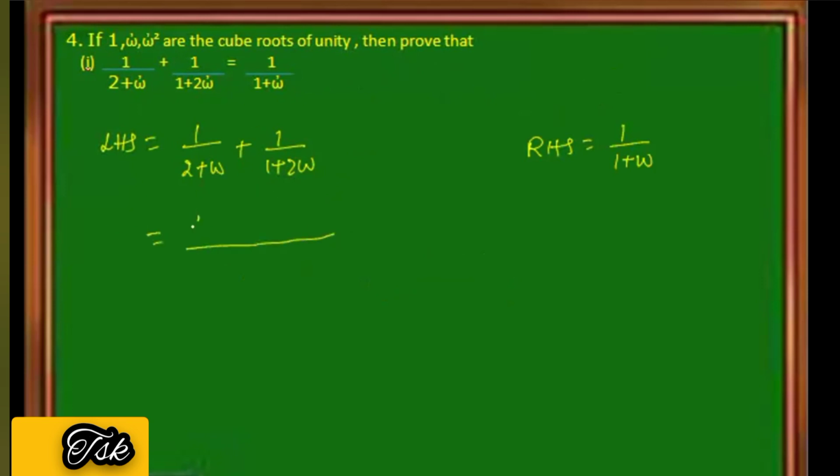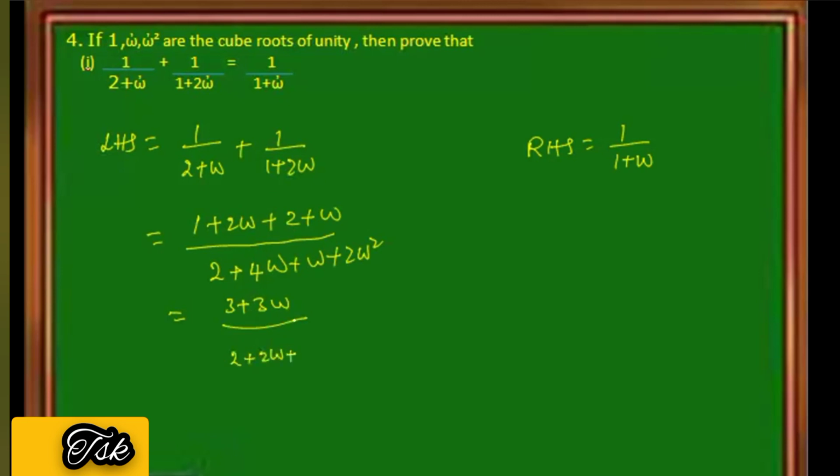Take LCM. The numerator is 1 plus 2 omega plus 2 plus omega. In the denominator, when you multiply, 2 into 1, 2 into 2 omega is 4 omega, omega into 1, and then omega into 2 omega is 2 omega square. The numerator becomes 3 plus 3 omega. The denominator becomes 2 plus 5 omega plus 2 omega square.